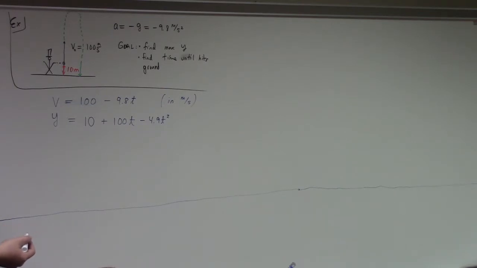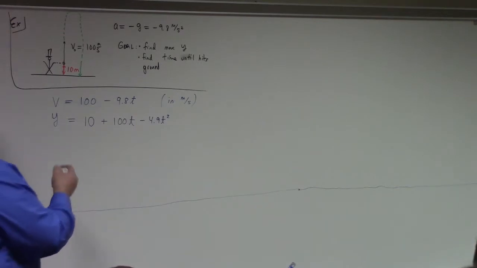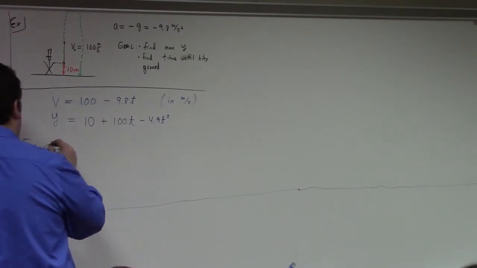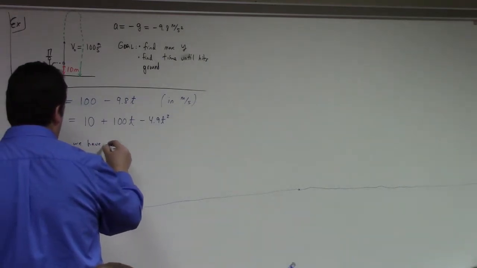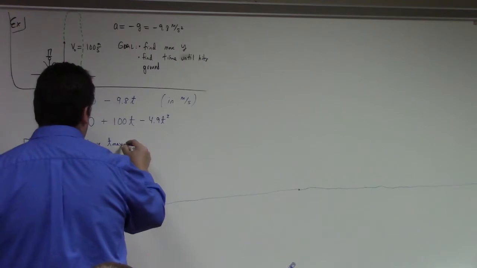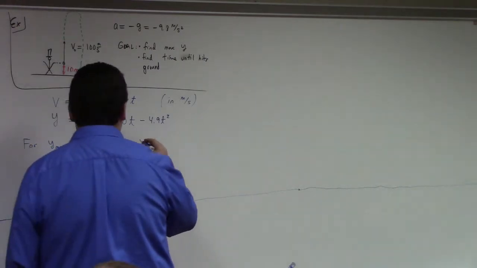Pretty much all I need in order to figure out the answers to the questions I have there. So to start with, let's work on the max y. What can you say about maximum y? We have t max such that what? Yeah, you could use calculus, but let's use intuition.